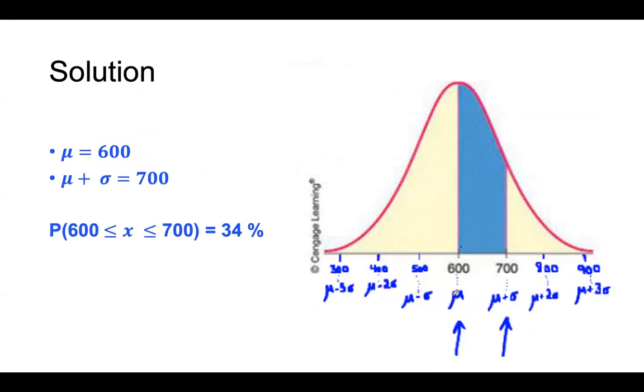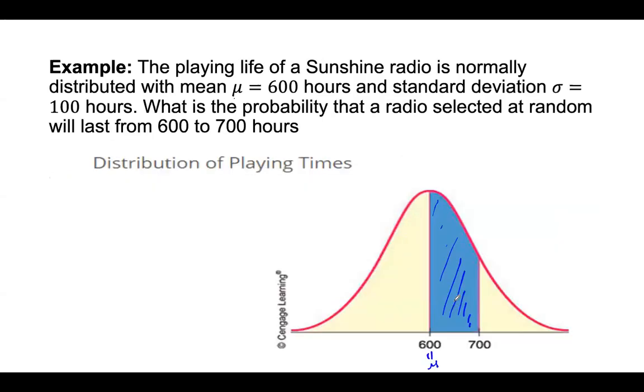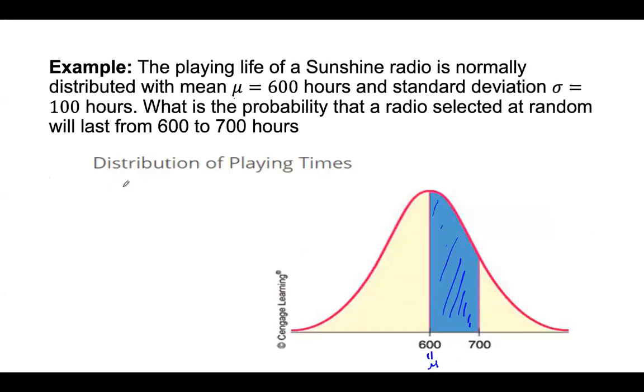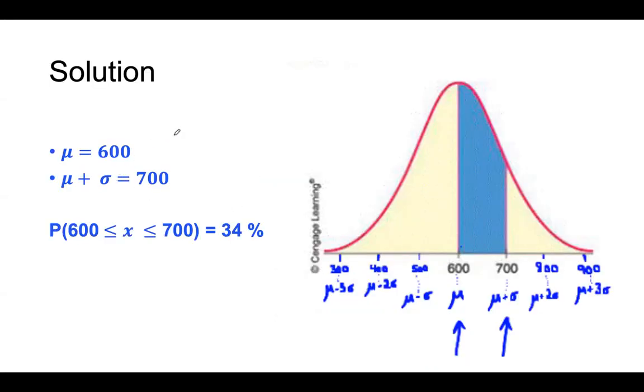So we could plot it. If we plotted it on this particular picture, we can see that this is 600, this is 700. 600 plus one standard deviation of 100.